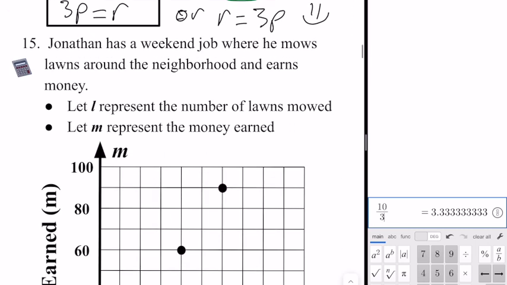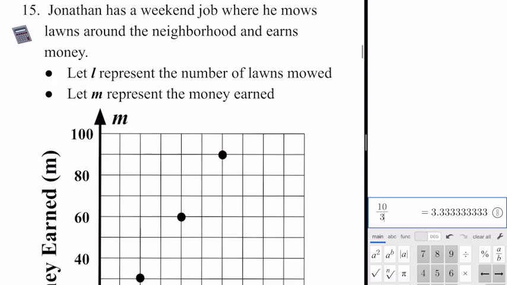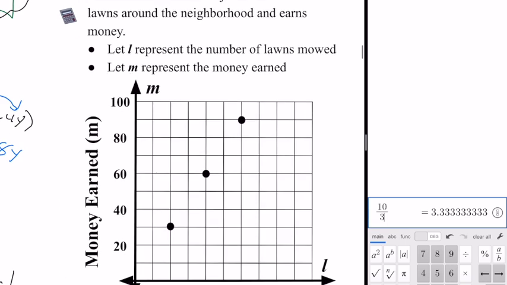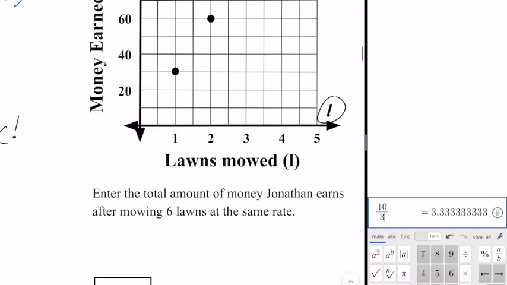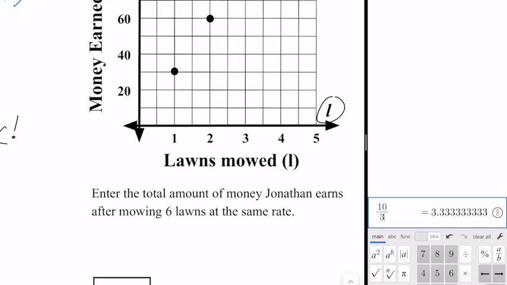All right, last 2. Jonathan has a weekend job where he mows the lawn around the neighborhood and earns money. Let L represent the number of lawns, so there's my L right here, and M represents the money that they earned. Enter the total amount of money Jonathan earns after mowing 6 lawns.